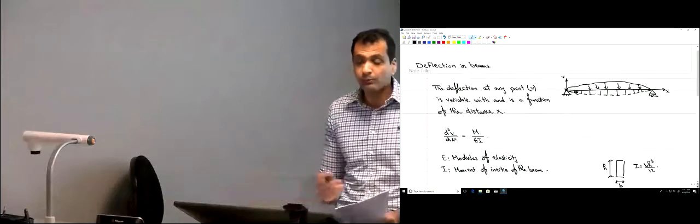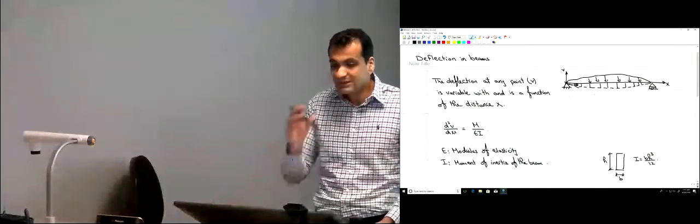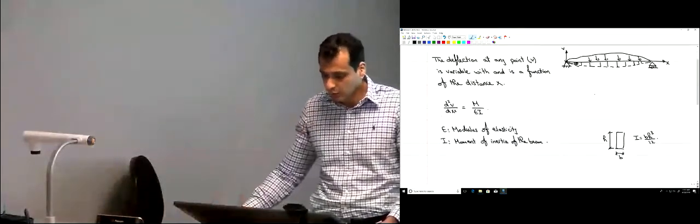What about the rotation? If you see the beam here, there is an angle of rotation at each point, and this angle changes from one point to another. This is a deformation that happens in the beam as well. The beam has some angle of rotation when you apply some load. How would you calculate this theta? Is it a different relationship?